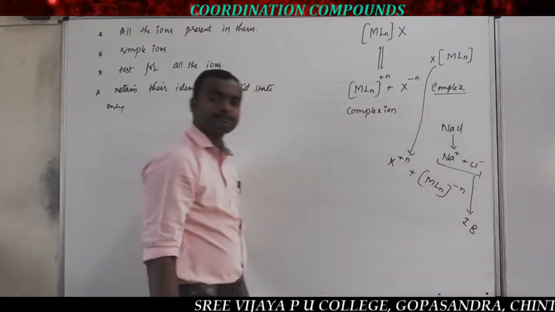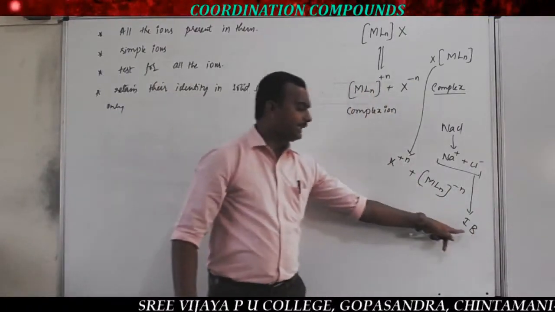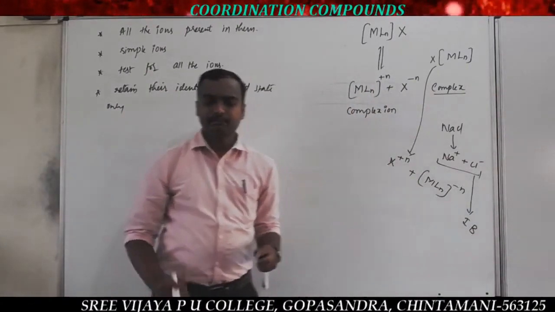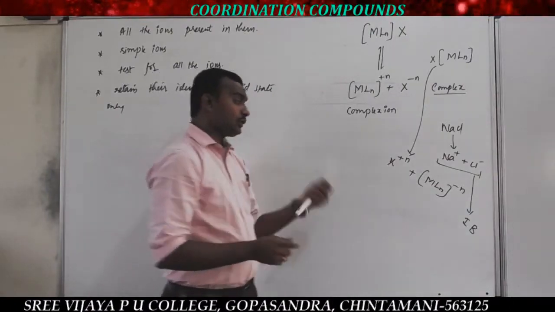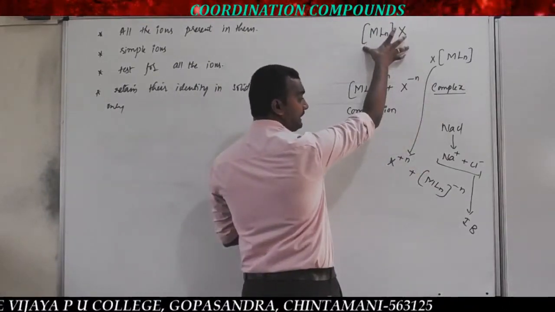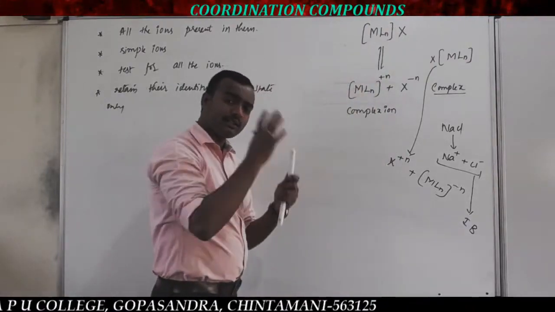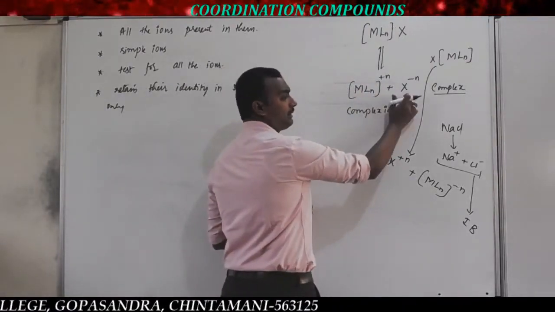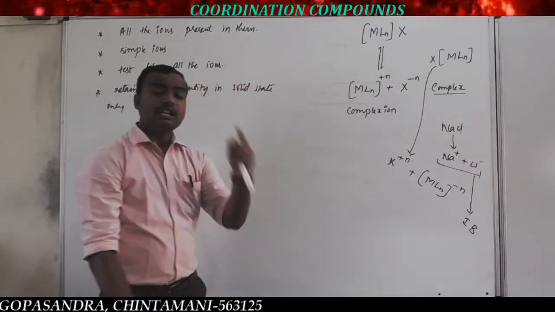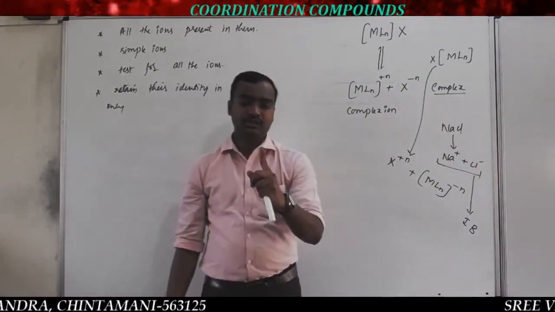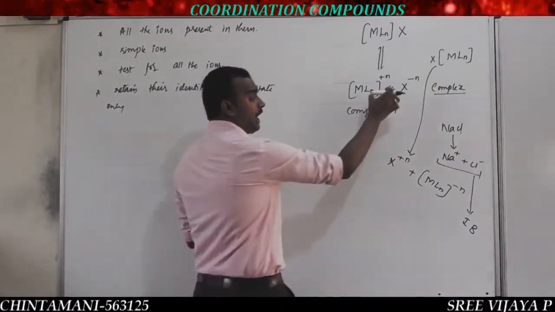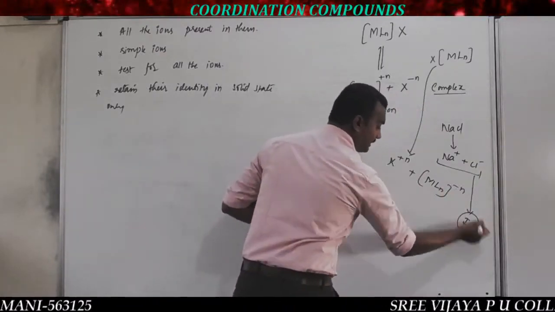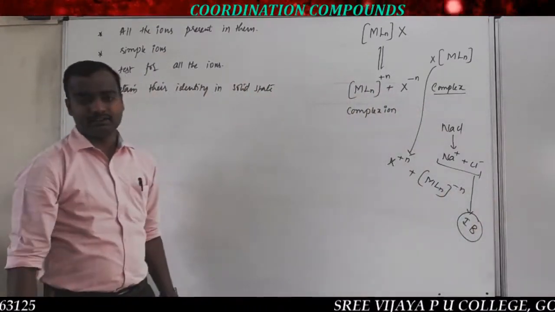So the ionic bond is nothing but the electrostatic force of attraction between one cation and the anion. So ಈ ಕಾಂಪ್ಲೆಕ್ಸ್ ಸಾಲ್ಟ್ ಅಲ್ಲಿ ionic bond ಇದೆ ಸರ್. Of course there are two ions, so definitely there is a force of attraction, the electrostatic force of attraction. ಅಂದ್ರೆ ಎರಡು ions ಮಧ್ಯೆ ಬರ್ತಕ್ಕಂತ ಫೋರ್ಸ್, that force is called ionic bond.